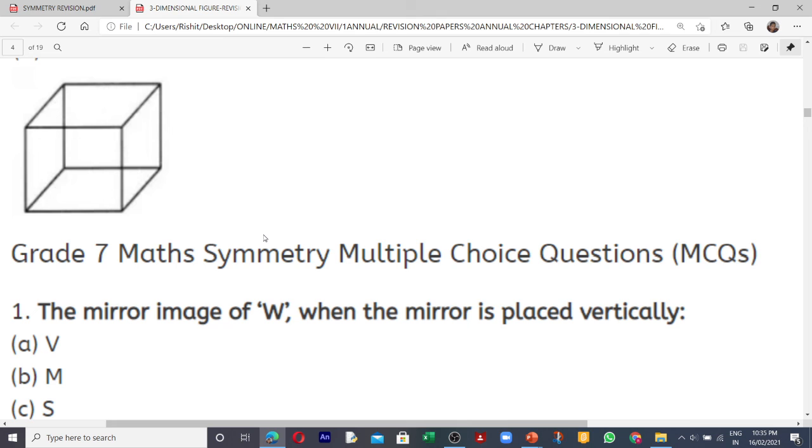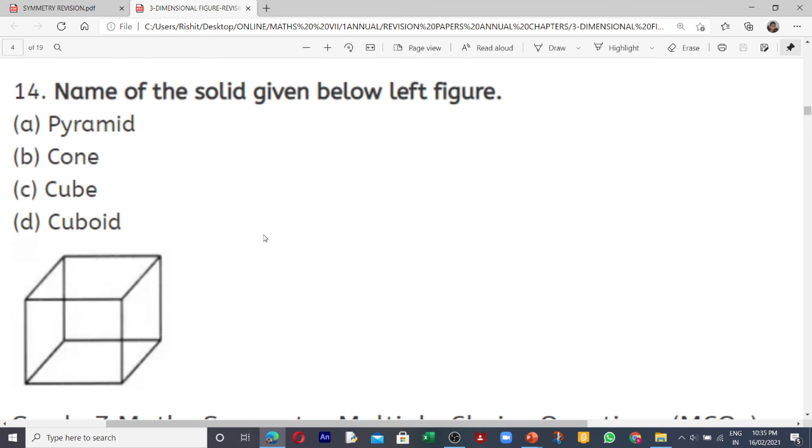Next. Okay, now after this symmetry question has started. So till question number 14 only we have done it today. So what you have to do? You have to write down all the questions, question number 1 to 14 and the respective answer A, B, C, D. Like question number 14, if you are writing B, so write down cone also. Sometimes in a very fast way you write another option.